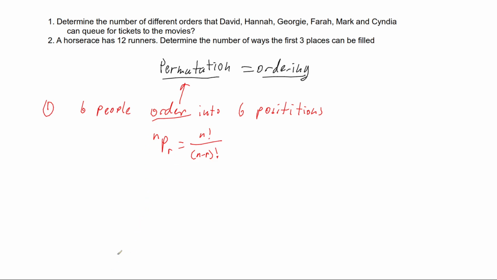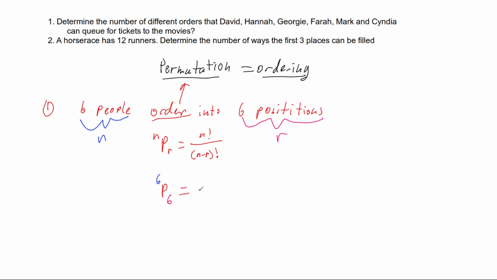Now, the number of things we're trying to order is n, and the number of slots we've got to go into is r. So to answer this question, I've got 6 people being permutated, being ordered into 6 slots.